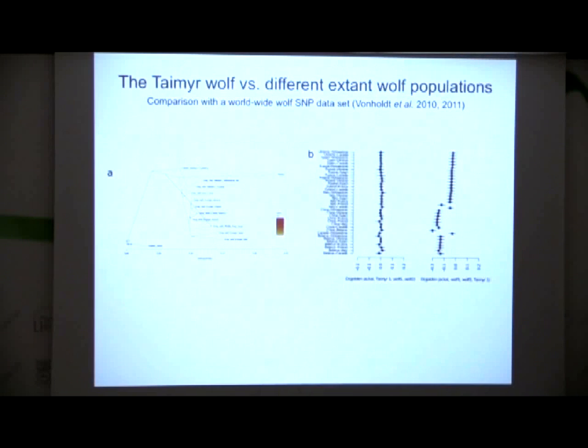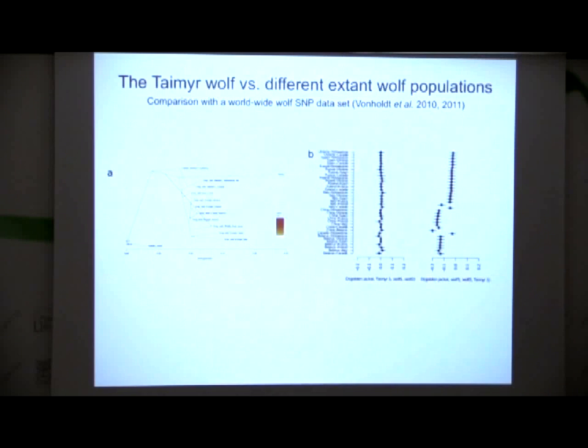But there was a huge data set from Bridget vonHoldt and colleagues on SNP data from many different wolf populations. When we do the statistics again, you can ignore this one, this is more like a control that we have power. But this is the D-statistic where the Taimyr wolf is the donor population, and then you have pairs of wolf populations that represent the potential recipients. These are all at 0, so they are all non-significant from 0.